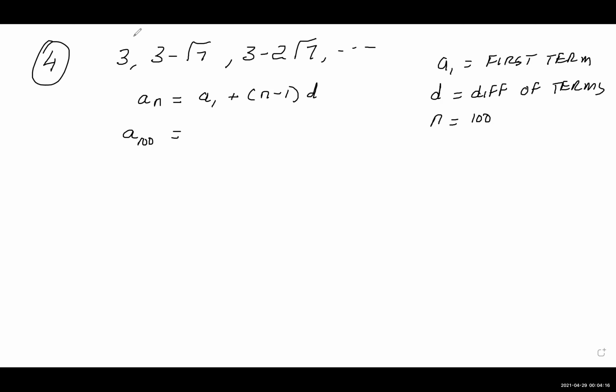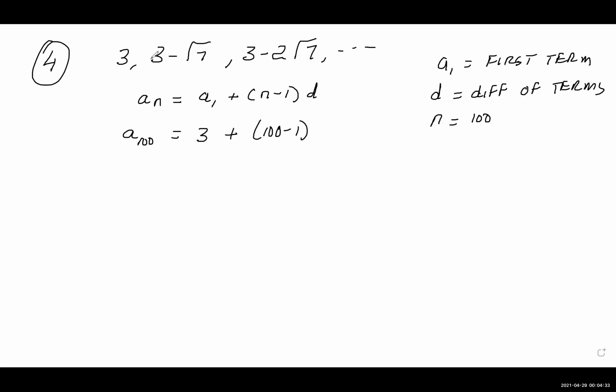Okay, so now a1 is the first term. Now what's your first term? The first term is 3. Then n minus 1, we know n is 100, so 100 minus 1. And what is d? The difference. So how do you find the difference?